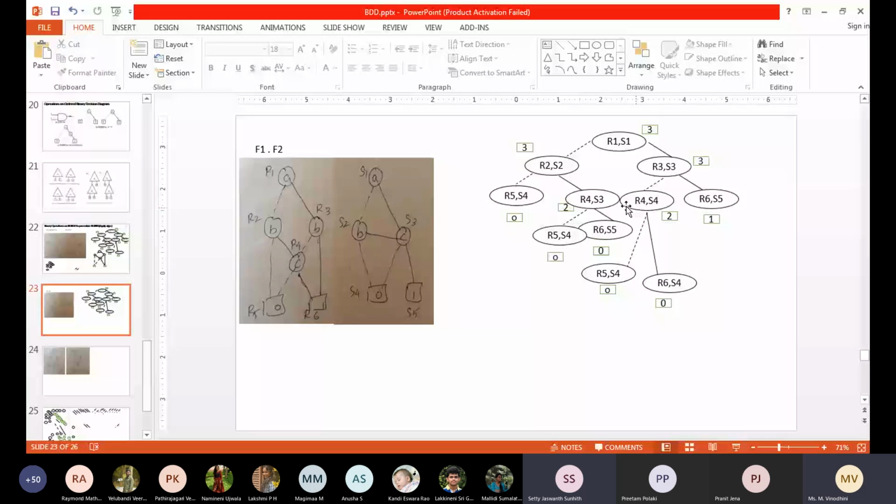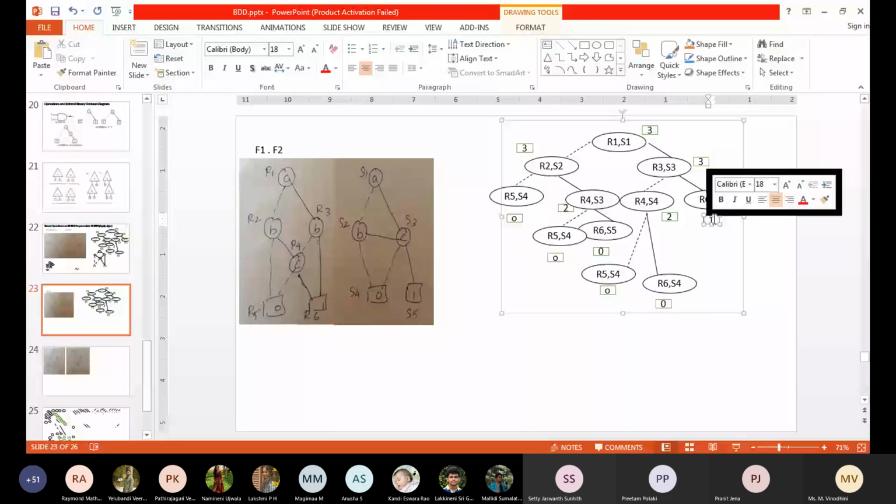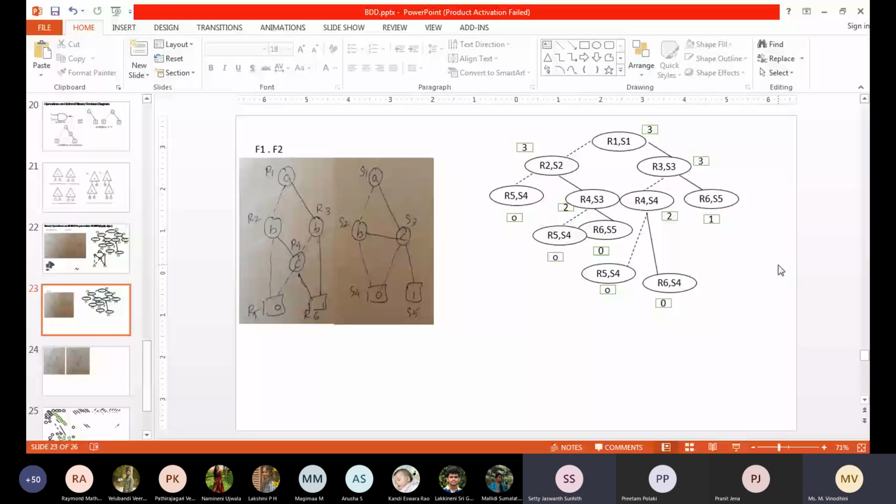Okay, what is this R6 and S5? What will be R6 S5 if it is F1 dot F2? Others, you can solve this problem. What is R5? It's 0, ma'am.